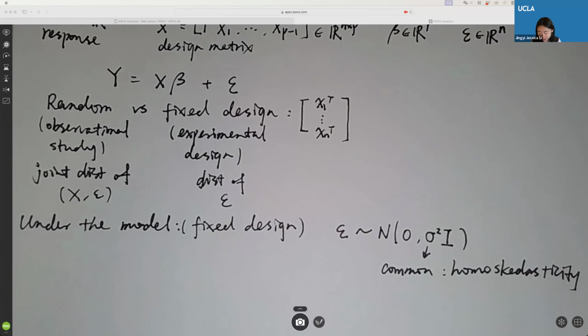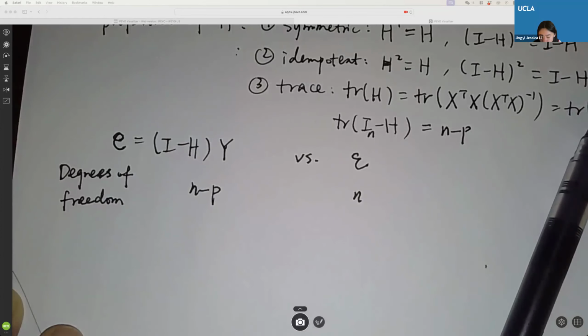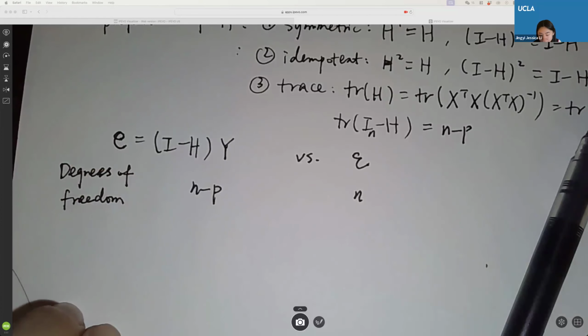If you sample your error terms, epsilon 1 to epsilon n, they can be totally unrelated, right? Each one's value can be unrelated to the rest. That's why we say they are IID, independent. So the n degrees of freedom reflects that total independence. While for E, you don't really have that independence.